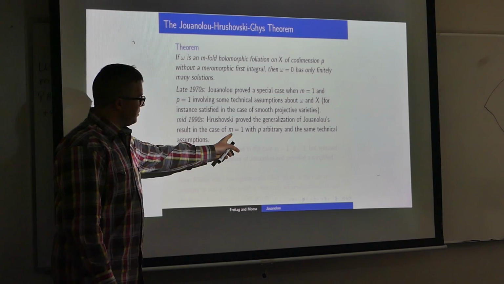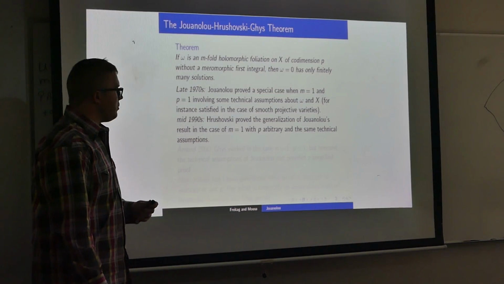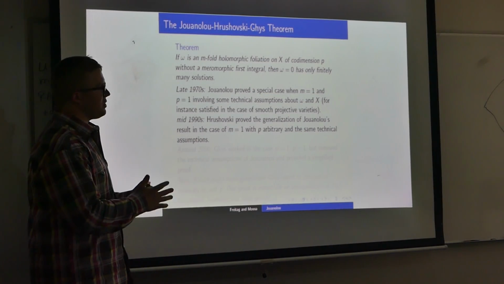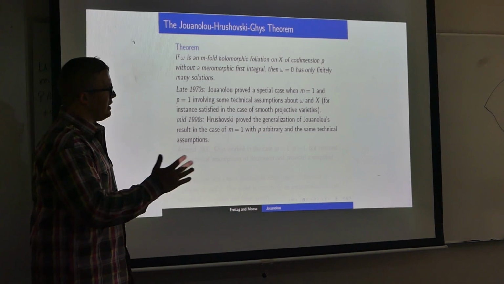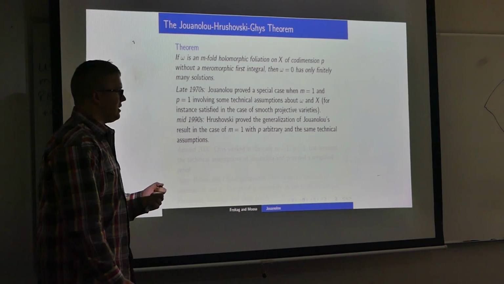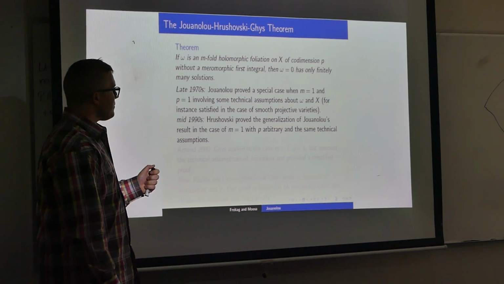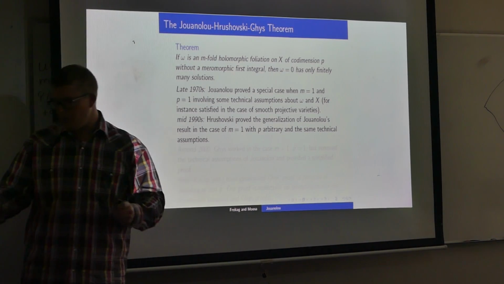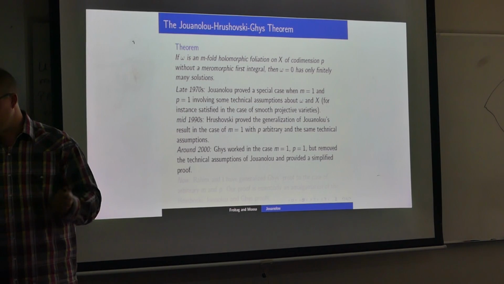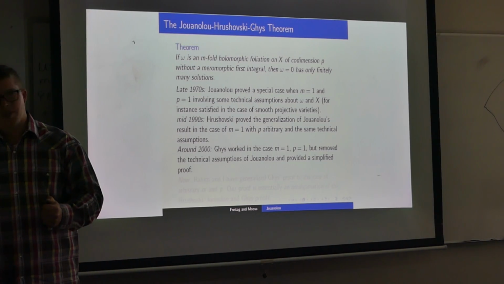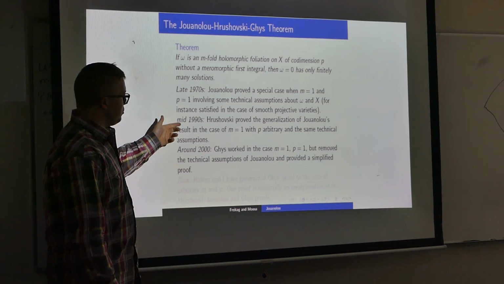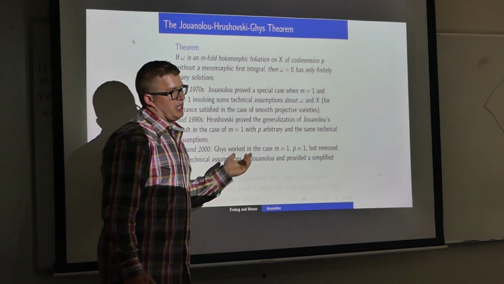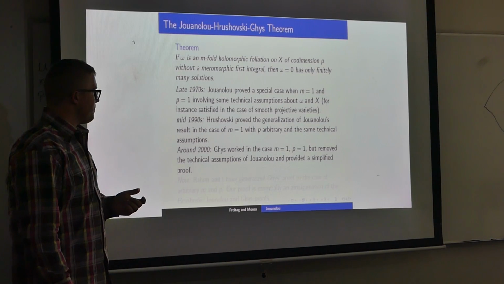But working in the case where m equals 1 and p was arbitrary, although of course p should definitely be between 1 and the dimension of your variety minus 1, with some similar technical assumptions. I don't think he was really concerned with removing those, because the case that Udi was interested in was really the case of smooth projective varieties.